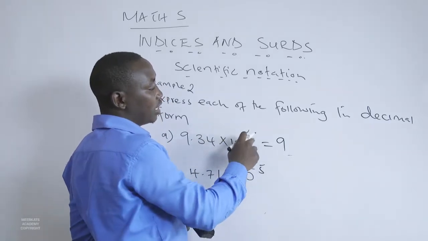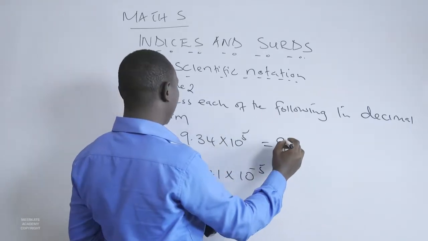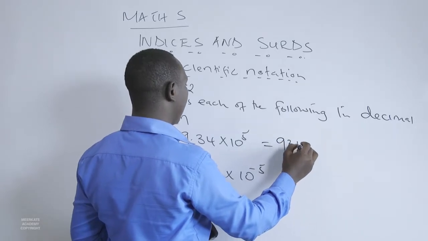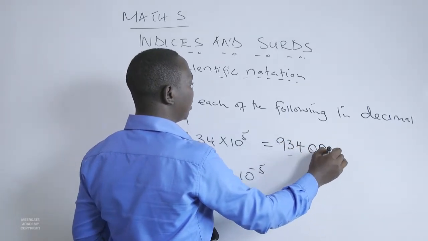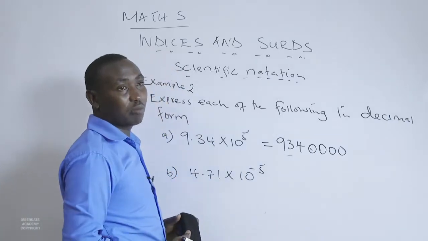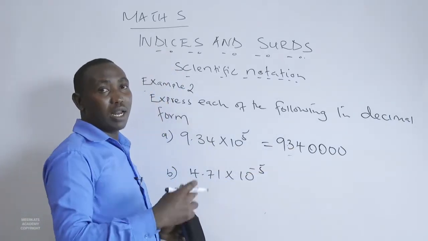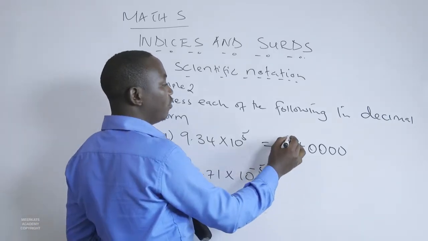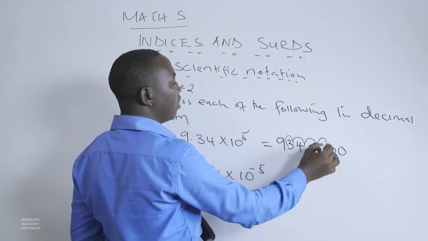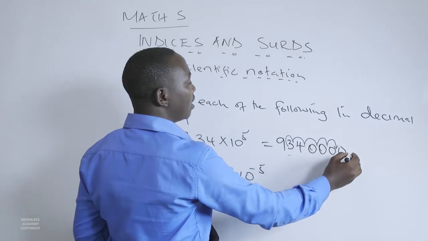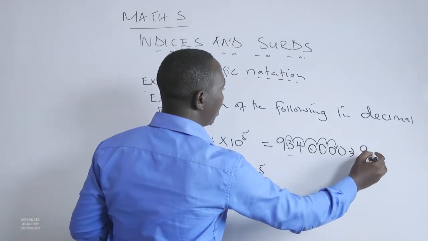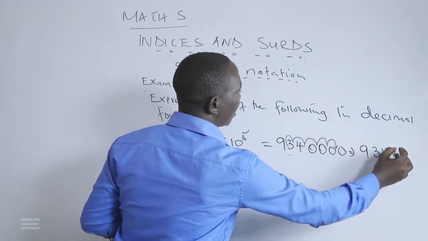The number of zeros should reach 5 on the right. So this will be 9, 3, 4 with several zeros. You can write as many as possible. Then originating from here, we need only 5, so you need to move 1, 2, 3, 4, 5 steps. That means your number should be 934,000.